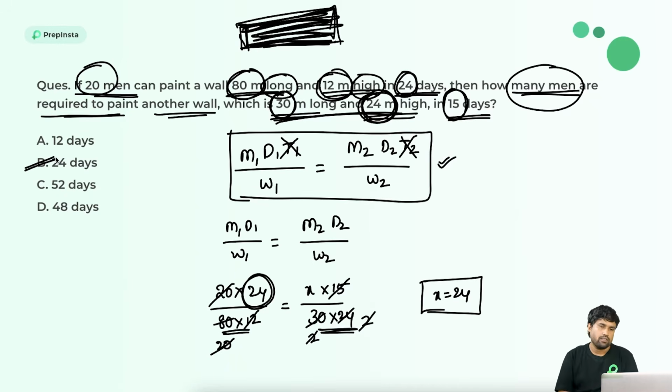Option B is correct. So this is how you can simply solve these types of problems by using the basic formula of time and work. The way of asking the question differs, but you need to approach towards the basics. You have to convert the high level problem to a simple level problem by using these basic problem formulas.